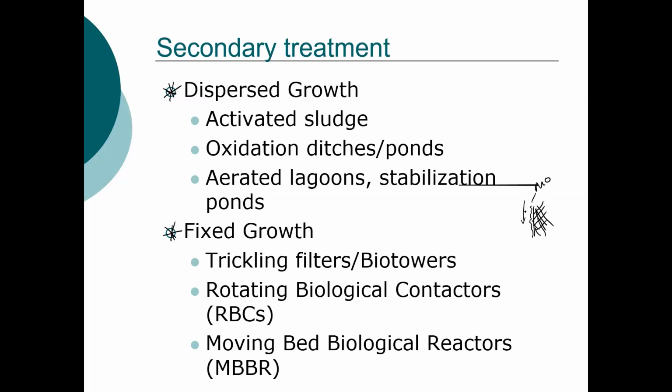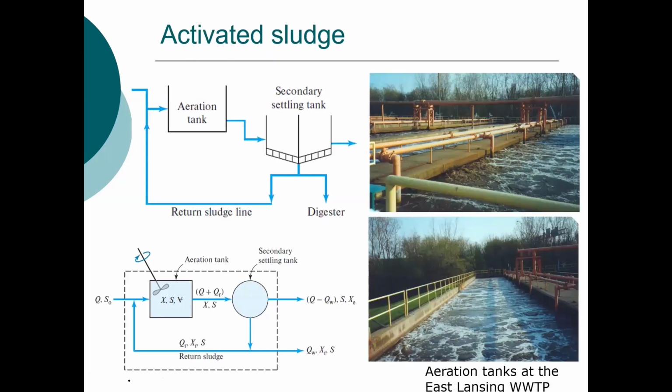And I'll add a few slides. I don't have them in today's lecture, but I'll add a few slides just to show you some of these units. So these are the aeration tanks at the East Lansing plant. They're typically operated essentially in a plug flow mode.